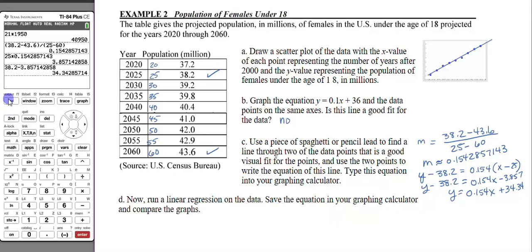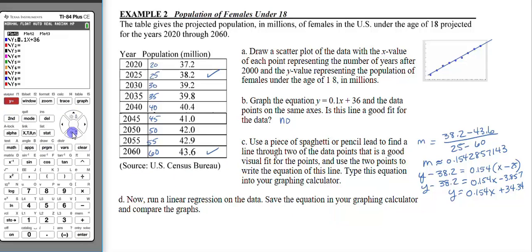Let's go ahead and type it into the graphing calculator. I'm not going to erase that. I'm just going to turn that equation off so that it doesn't graph. And I'm going to put my y equals 0.1542857143x plus 34.34.